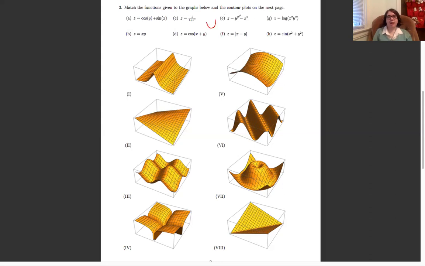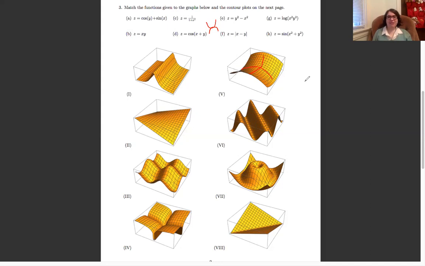If I set Y equal to a constant, I'll instead get Z equals a constant minus X squared, so the downward opening parabola in the other. And that really seems like it's hinting one of these to me. I'm thinking the only one that really matches that, where I get one parabola one way and another parabola the other way, is graph 5.